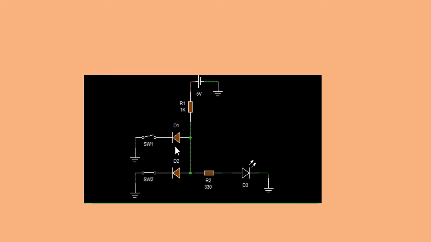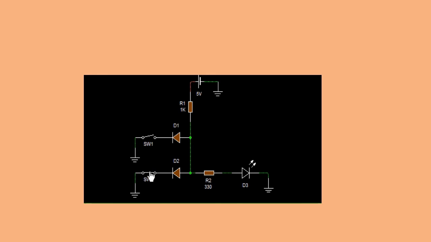Now the diode D1 branch is open and the diode D2 is connected to the ground through the switch, and so the current passes into the ground through the diode D2. Hence, no current will flow in this branch. Thus, LED will not glow again. So, in this condition, that means when switch 1 is in logic high state and switch 2 is in logic low state, we get output 0.